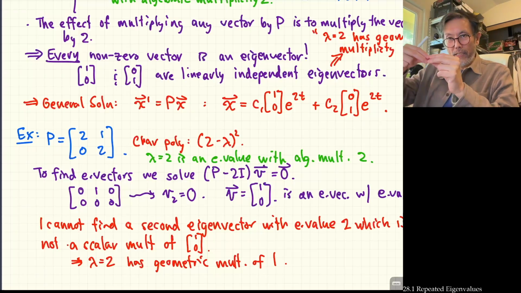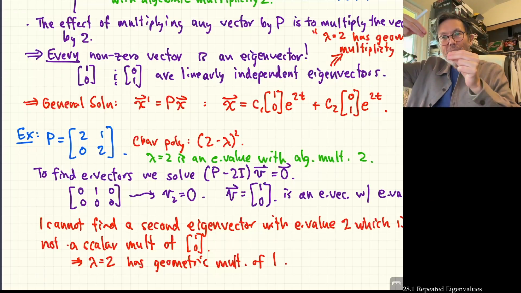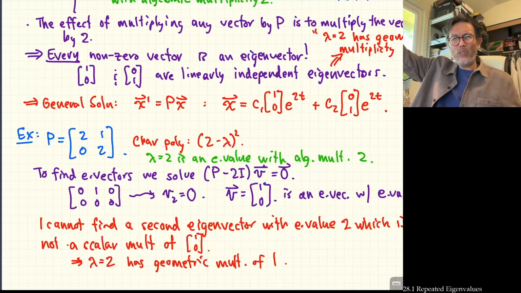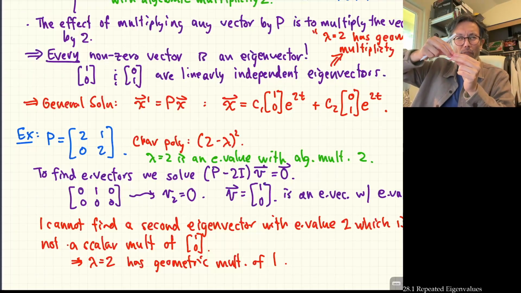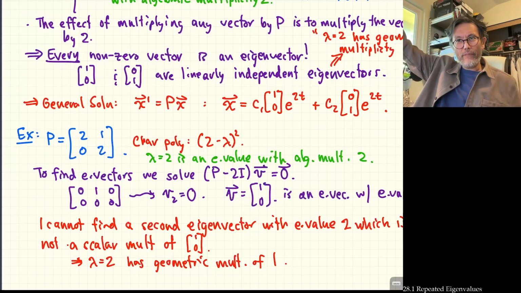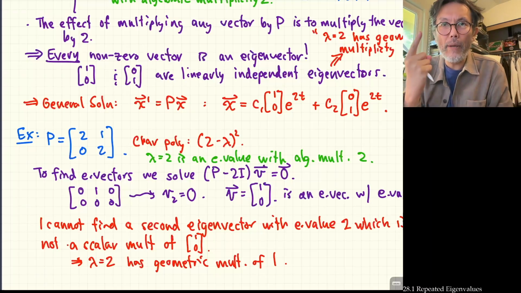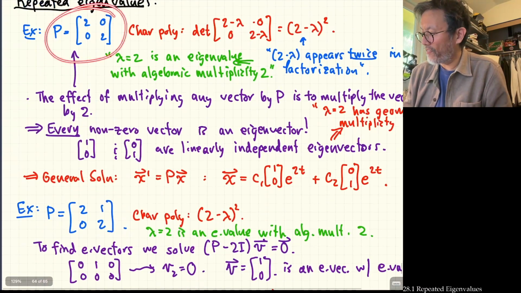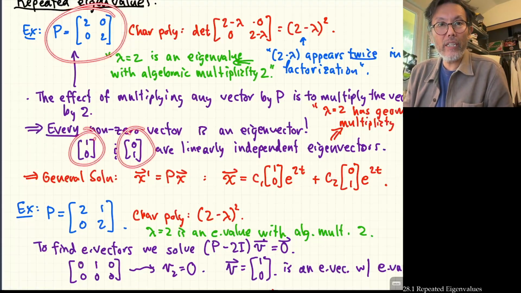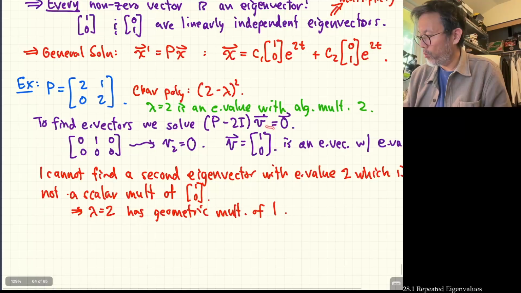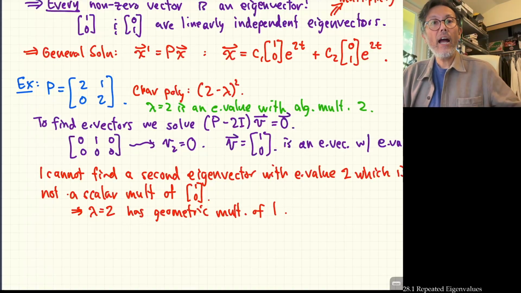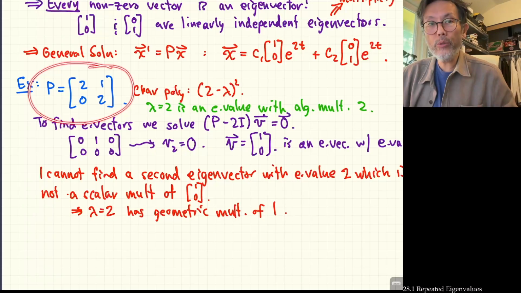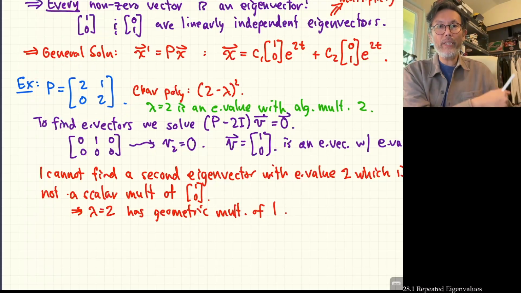Another way of saying it is that the eigenspace, the space of all eigenvectors, is in some sense one-dimensional in this case, whereas in the previous case, it was two-dimensional. I could find two linearly independent eigenvectors there. But here I can only find one. Question is, how do we find a second solution to x prime equals Px?